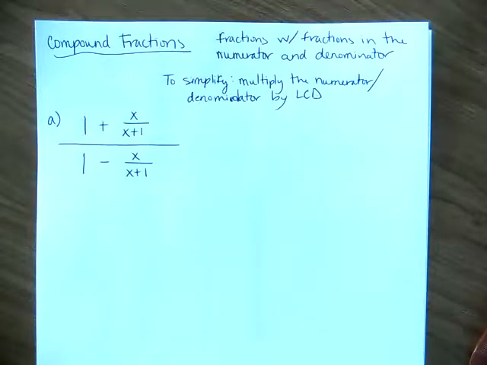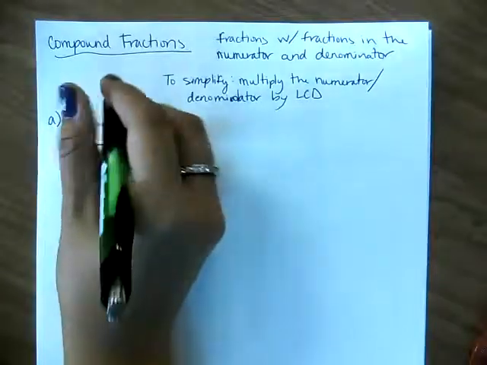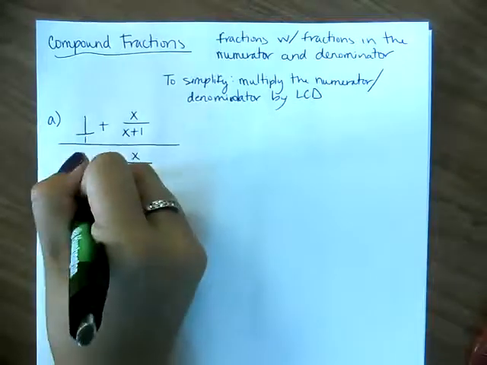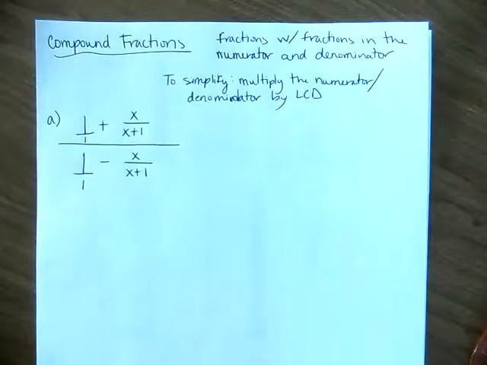So what you want to do is think about what is the LCD, the least common denominator I can multiply in the numerator and the denominator, which will therefore cancel that compound fraction, just creating a single fraction. So looking at this, first of all, when I see this 1, I'm thinking it's like 1 over 1. Any whole number, you can put over 1. Okay, make it a fraction. So that's what I'm thinking.